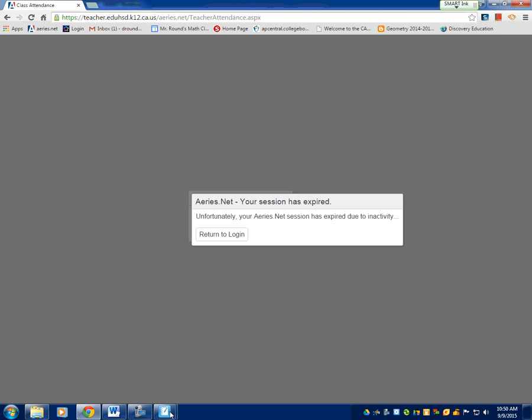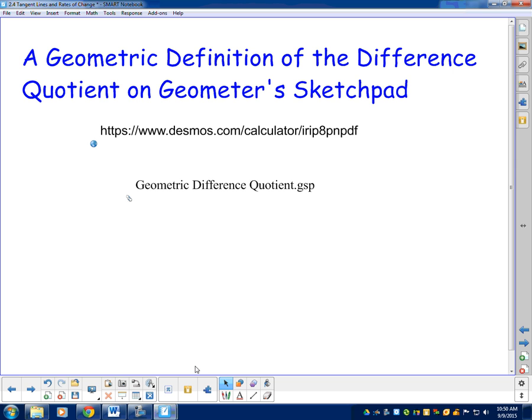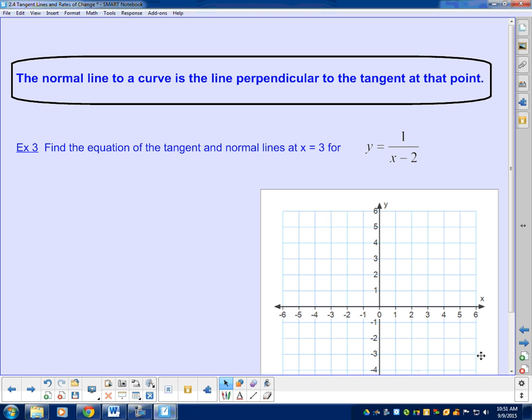All right. Any questions on this? So, you're going to be asked to calculate average rate of change. Now we're going to find what's called the normal line to a curve.